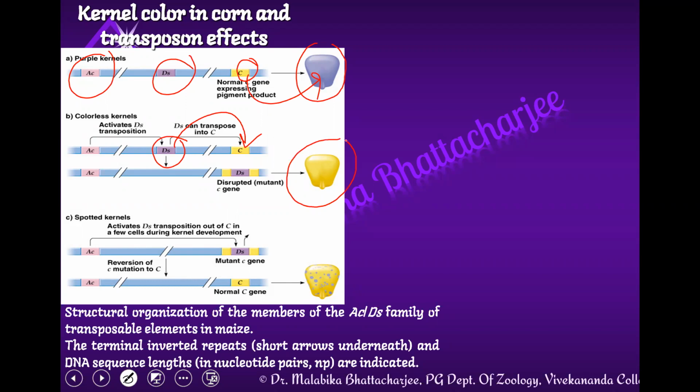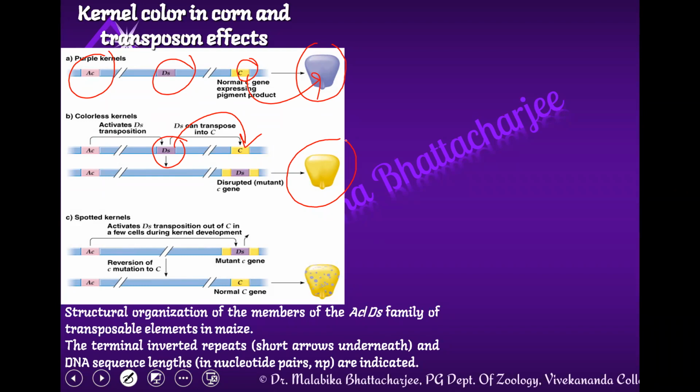Now, as you know, if an element can jump once, it can jump twice, thrice, and so on. So in the presence of the transposase enzyme, the DS element had inserted itself into the color gene. Again, in the presence of the transposase enzyme, the DS element will extract itself out of the color gene and jump to some other position.